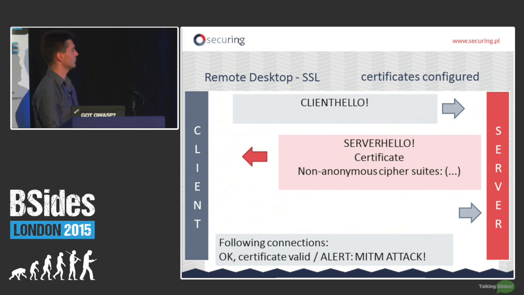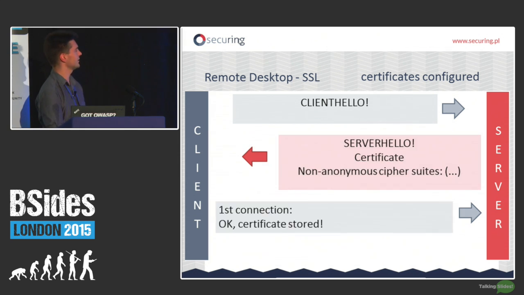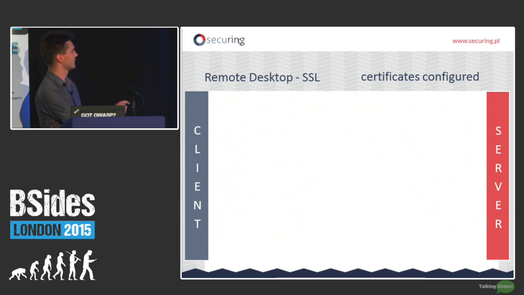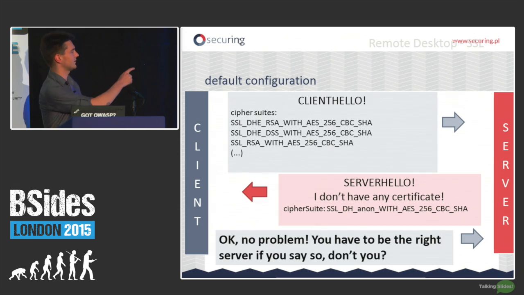Well, what we did was not do it the way the server wanted, but be backward compatible with the first version. So even though the server sends non-anonymous suites, we tried to connect with no certificate.